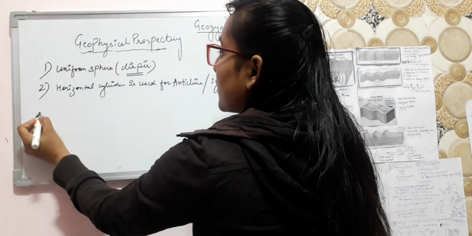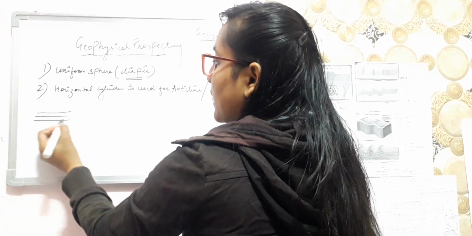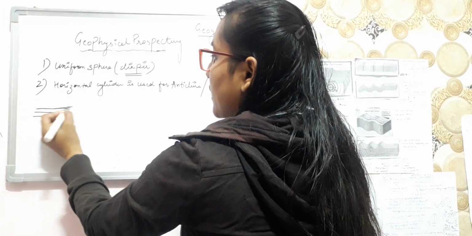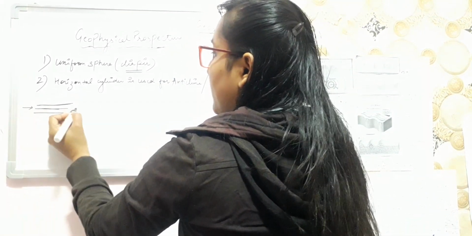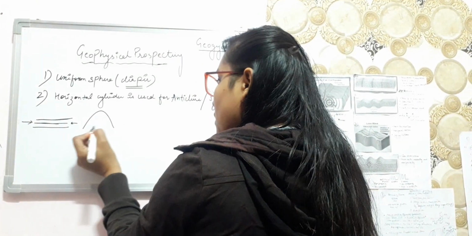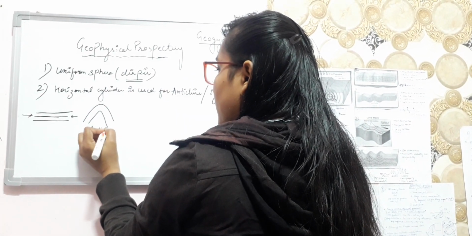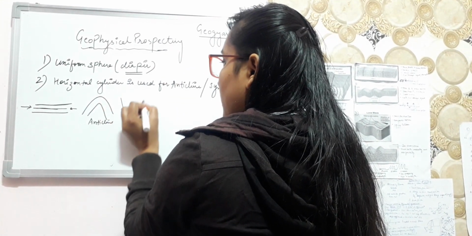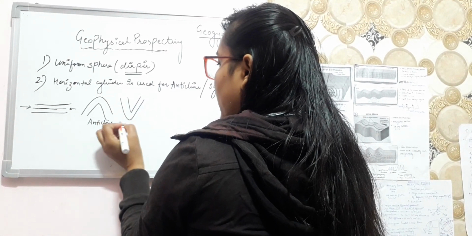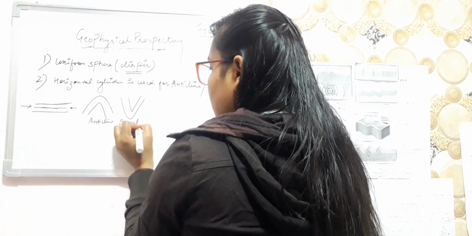What is an anticline? These are our horizontal layers. Initially, layers are horizontal, and if they are compacted, they will convert to this folded structure. This will be our anticline, and if the folding is in the opposite direction, this will be a syncline.